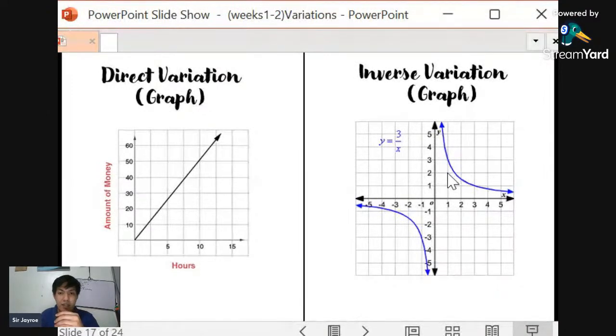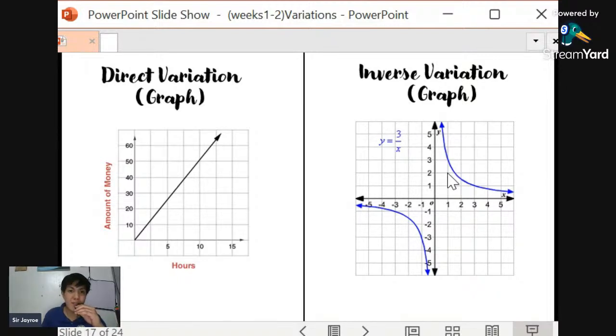Okay, take a look at this. You can get the screenshot of this, no? So this is the illustration of the graph of direct variation. It looks like this. For direct variation, it's just a straight line going up, or it could go down, a straight line.